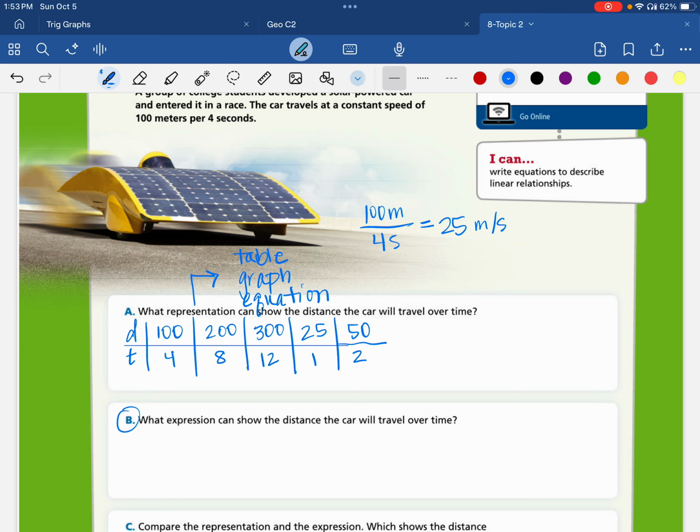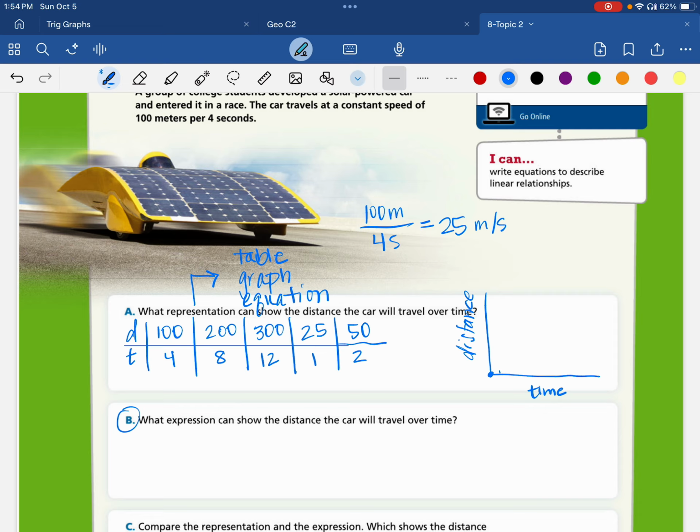Graphically, if we were to show this, you would graph this with time on the x-axis and distance on the y-axis. The first point that we'd put is at 0, 0. If no time has passed, it's not going to go any distance.